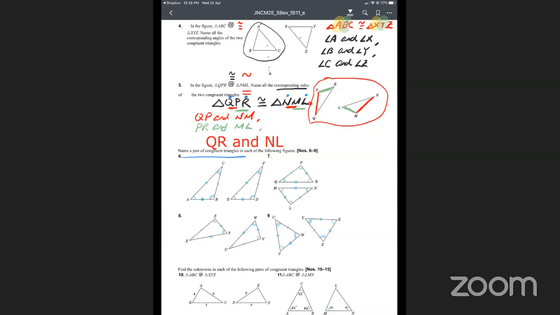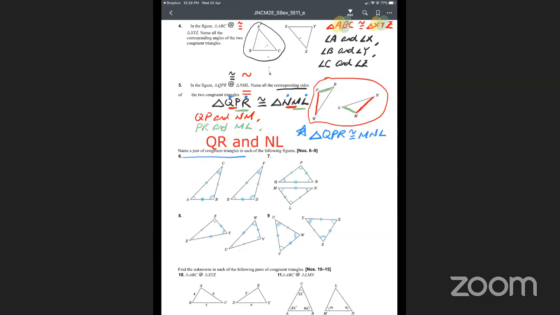It is not a good practice if you write something like that: triangle QPR congruent to triangle MNL.